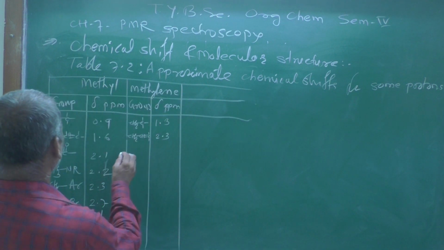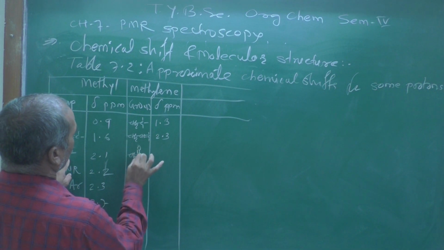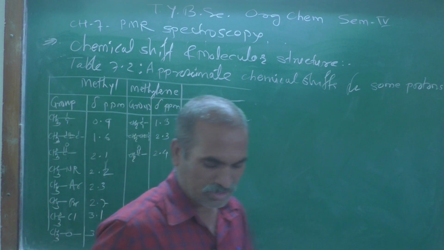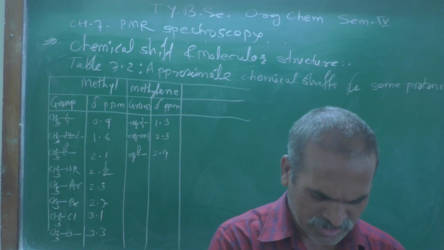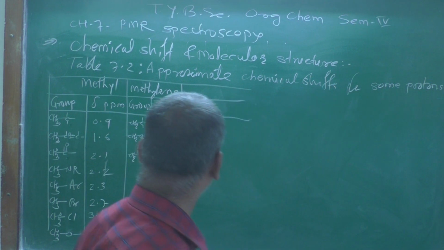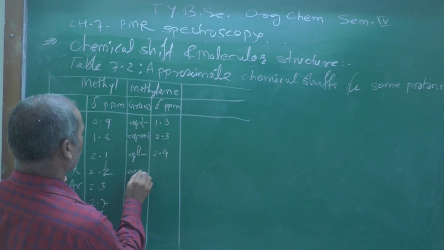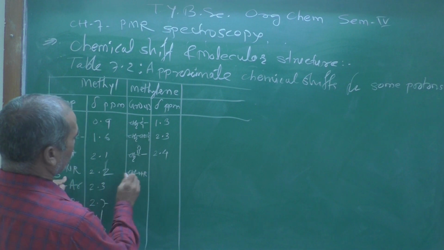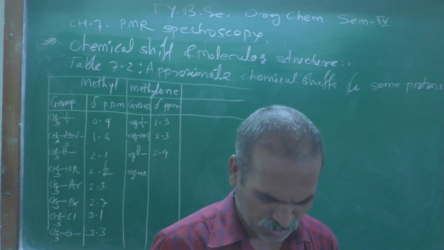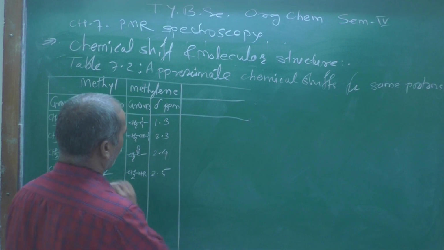And when the methylene proton CH2 is attached to a carbonyl group, the value is found to be 2.4 delta or ppm. Now I am just making a correction over here: CH2 attached to a nitrogen atom, and the chemical shift value is found to be 2.5 over here, 2.5.